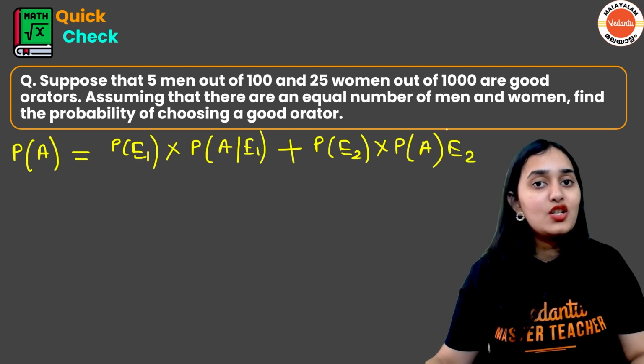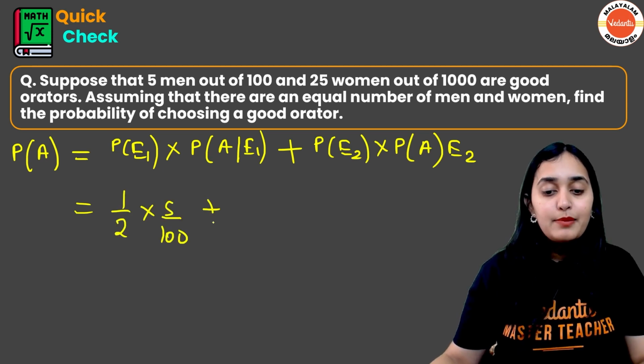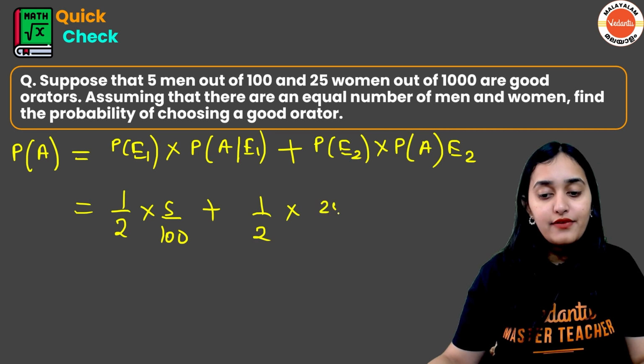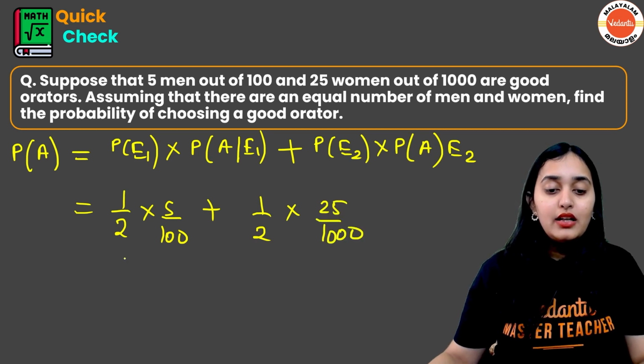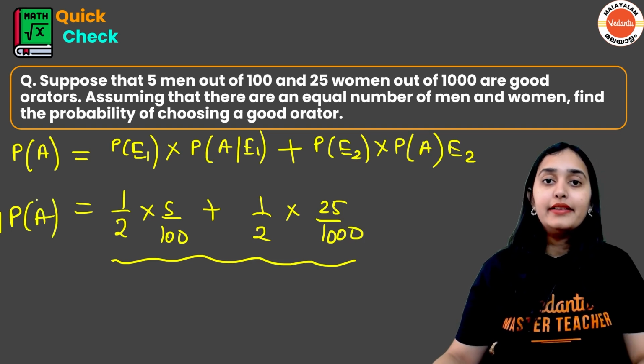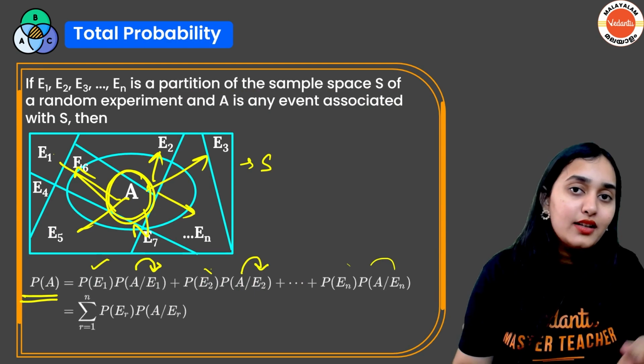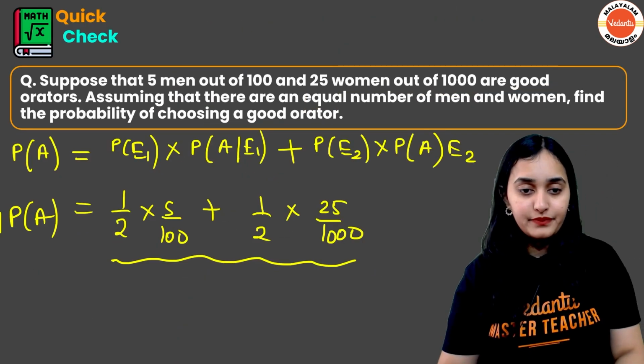Like that you get total probability. So here you have half into 5 out of 100 plus half into 25 out of 1000. Now just solve this and you'll get the total probability of a good orator. That's your answer. Clear to all of you how we are applying this formula? Clear to everybody? Okay.